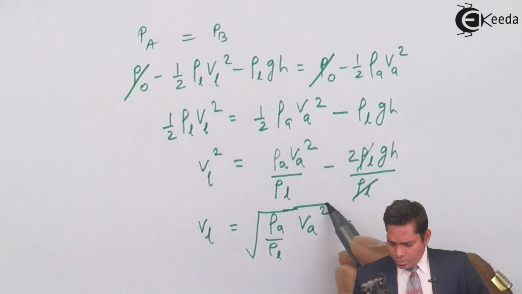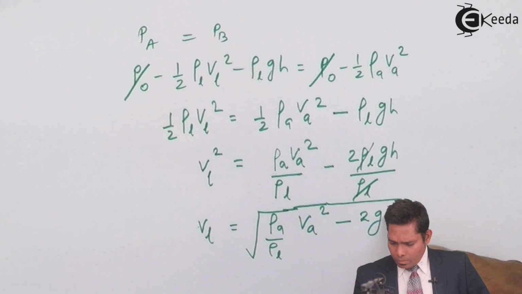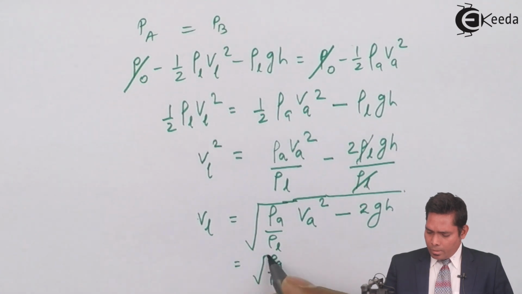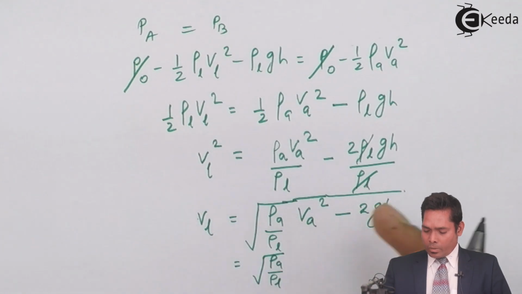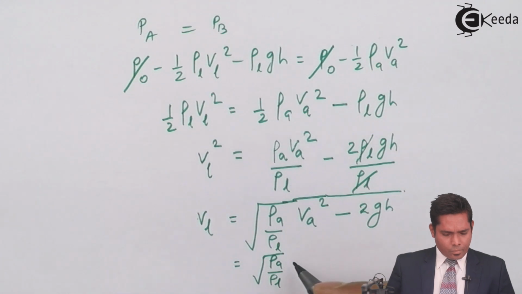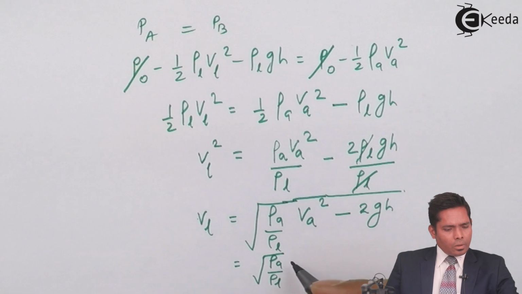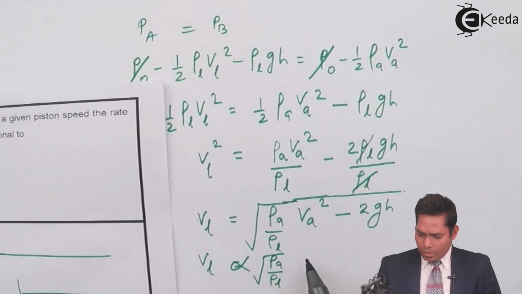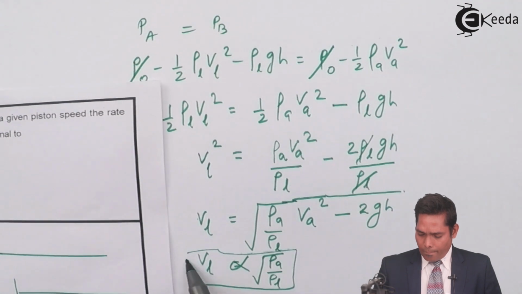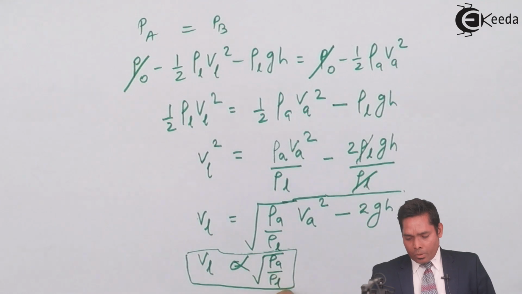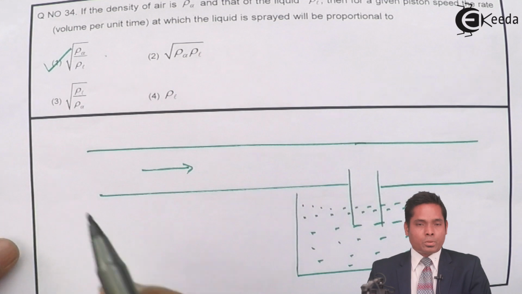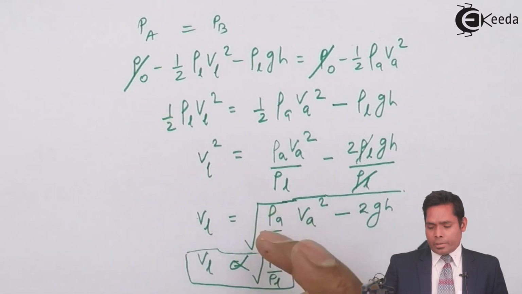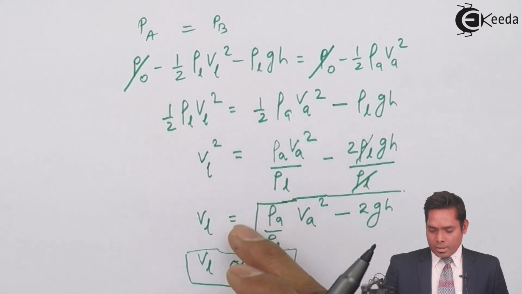Now VL equals the square root of this number. That means I can write rho A by rho L. Finally, VL is proportional to the square root of rho A by rho L. So option number 1 is correct, because we want to connect this VL with the density of air and liquid, and it is proportional to this.